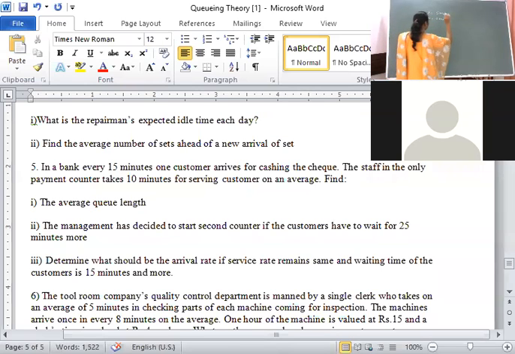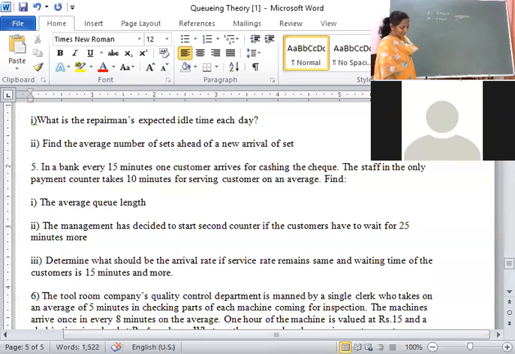Most of the students' answer is this: lambda is not less than mu, correct? 15 is not less than 10. 15 is greater than 10. Most of the students wrote that lambda is not less than mu, so the given question is wrong. This is the answer they gave in the final examination.